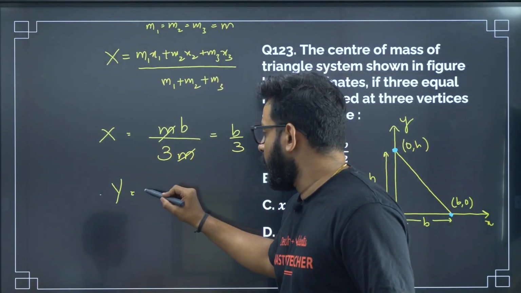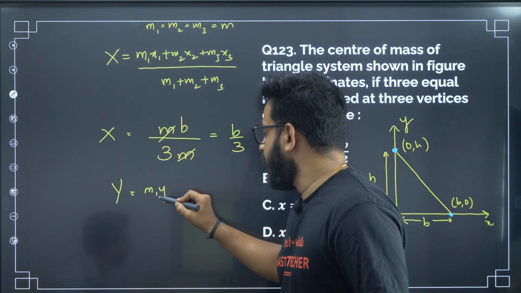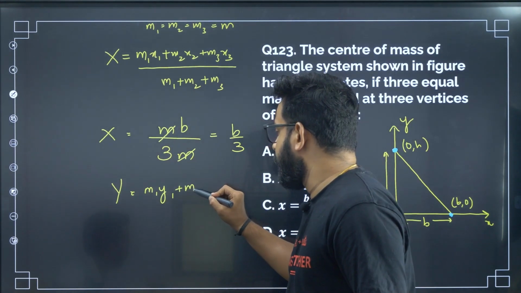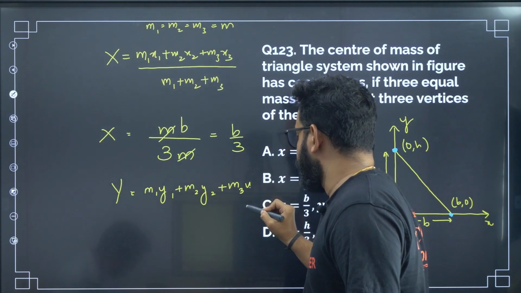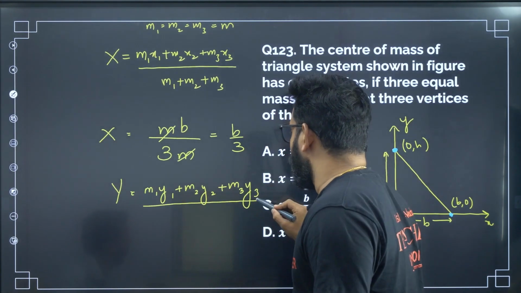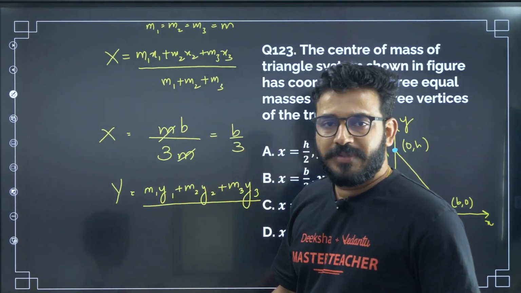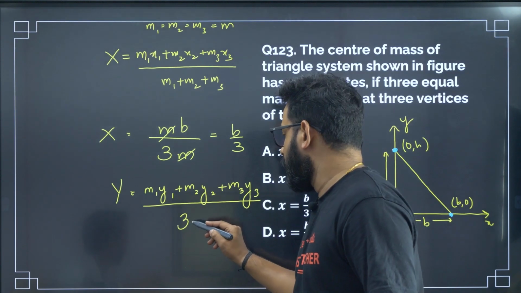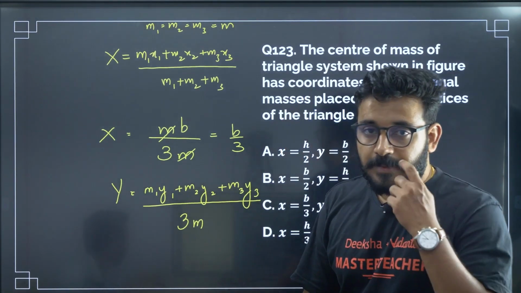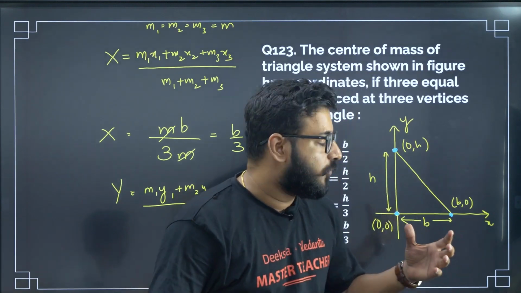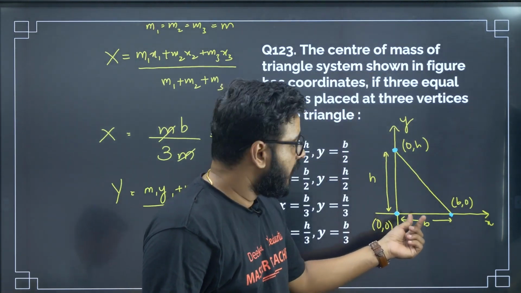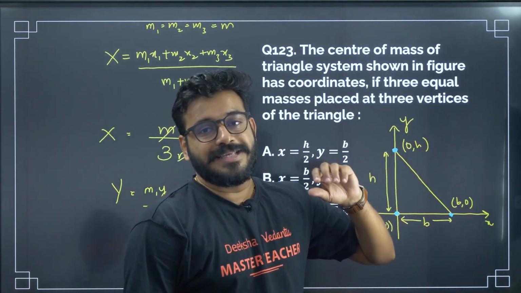So we have the same formula, m1 y1 plus m2 y2 plus m3 y3, whole divided by the total mass. I didn't write m1 plus m2 plus m3, we all know it is 3m. Now substitute the corresponding values: y1 is 0, y2 is 0, y3 is h.